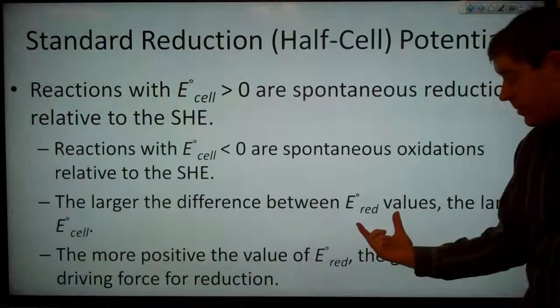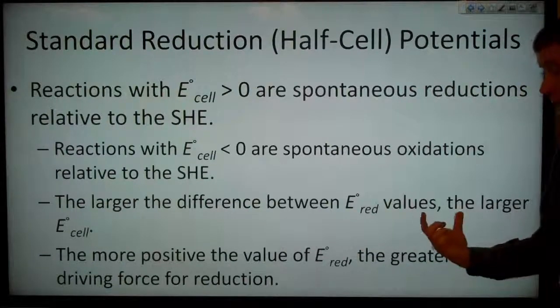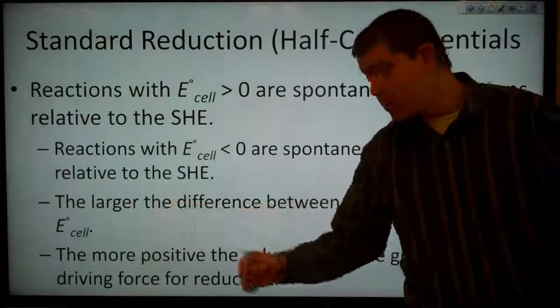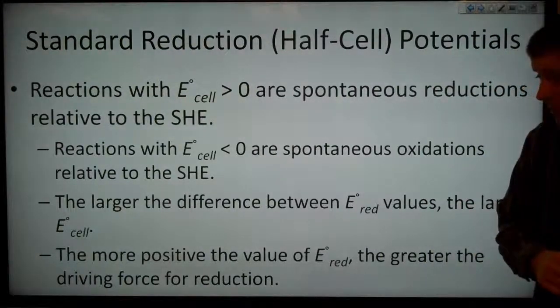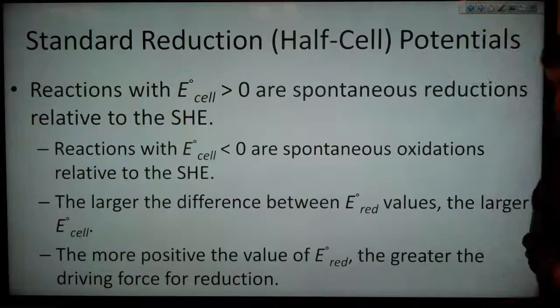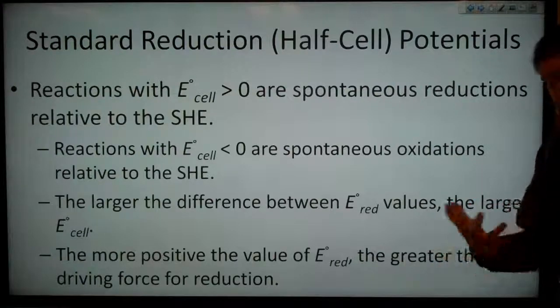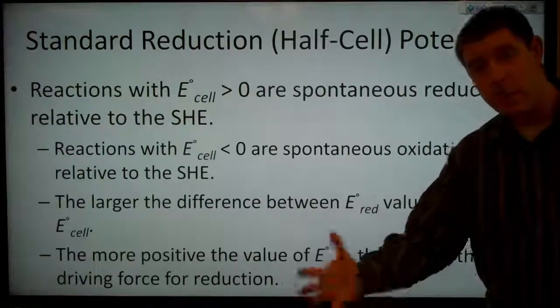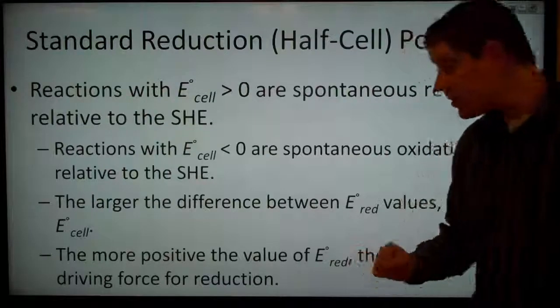And the larger the difference between our standard reduction potential values, the larger our cell voltages. So the more positive the value of our standard reduction potential, the greater the driving force is for reduction. The lower that value is, the greater the driving force is for oxidation instead.